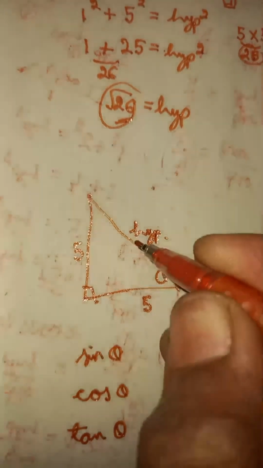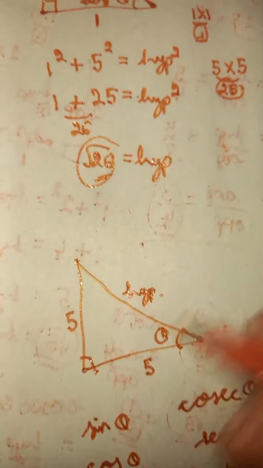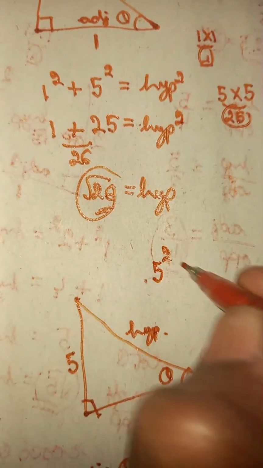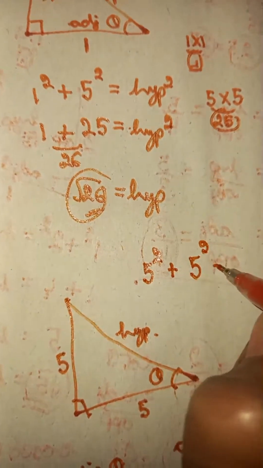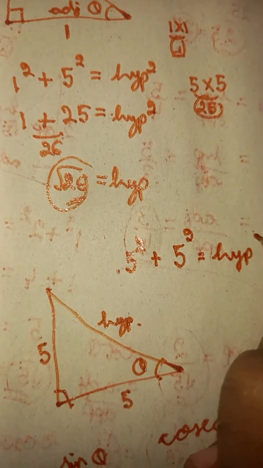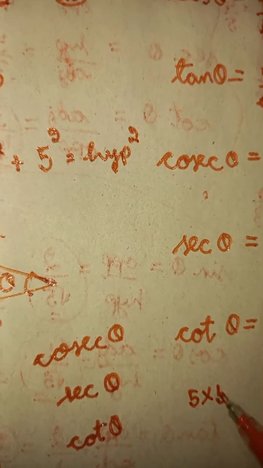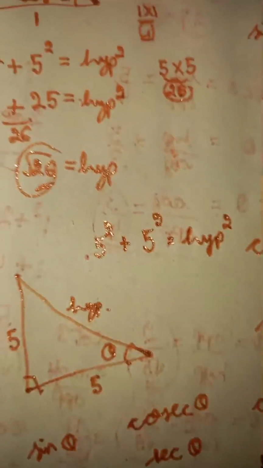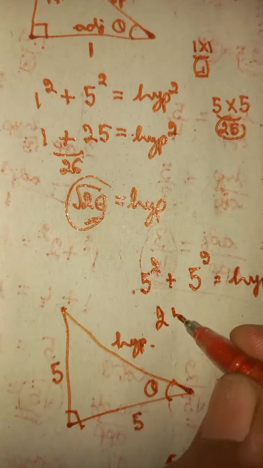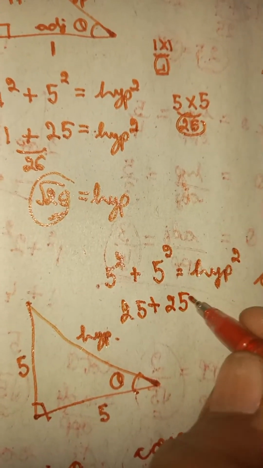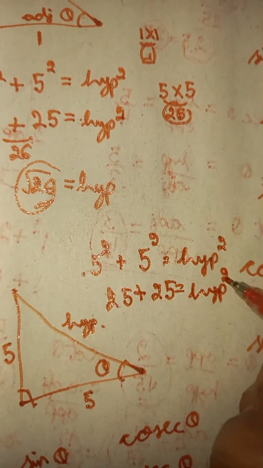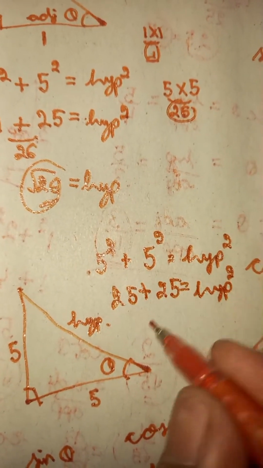First you must find the value of the hypotenuse: 5 square plus 5 square equals the hypotenuse square. 5 square is 5 times 5, which is 25. So 25 plus 25 equals hypotenuse square. The square moves to that side, 25 plus 25 is 50.